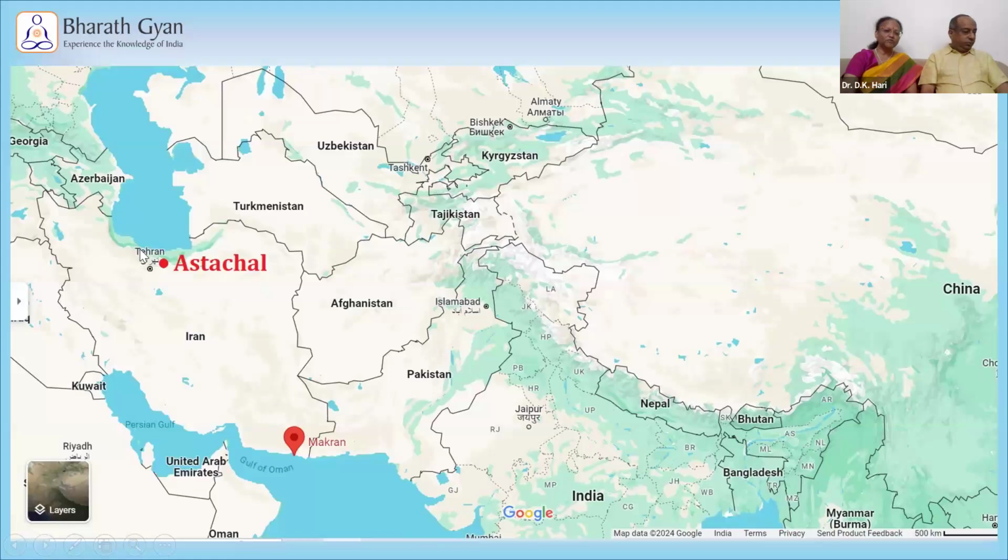So there is a range of mountains here as well, which has one of Asia's tallest volcanoes actually over here. And the approaches to that volcano, it's not just one. So you may wonder, how come there is an Astachal? But you will find there are many places in that mountain range which end with Chal, like Merchal, then Hesarchal, then Astachal, Sangchal.